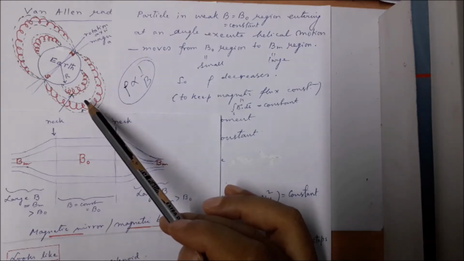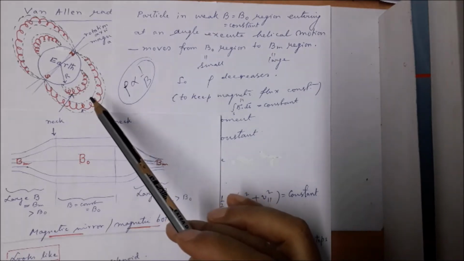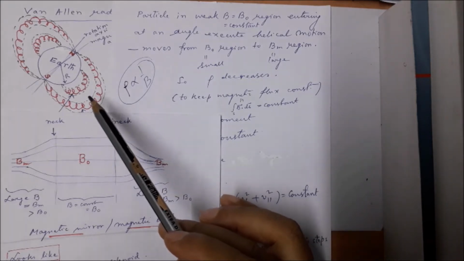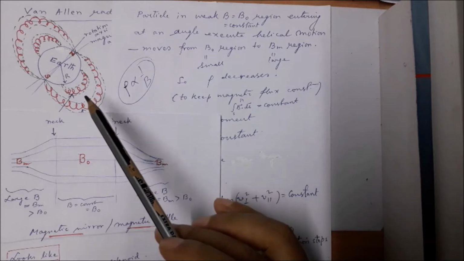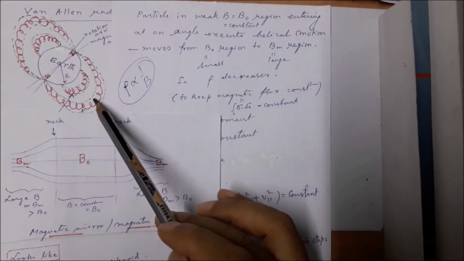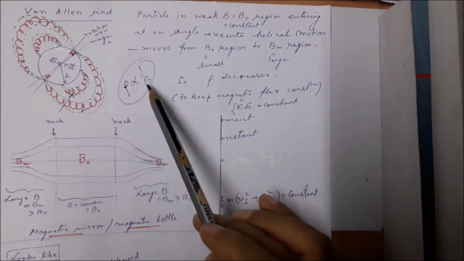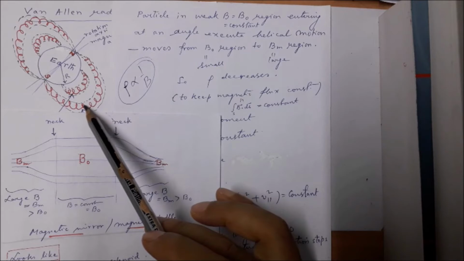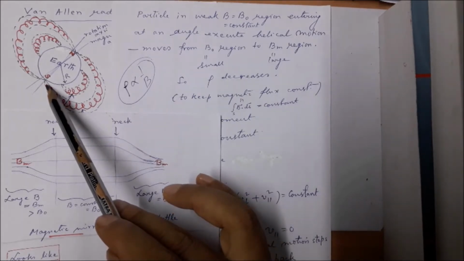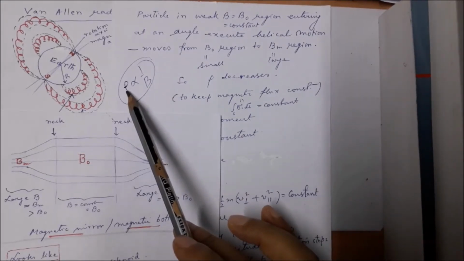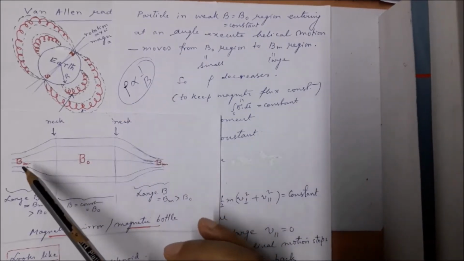It will trace a helix, and this helical motion was derived and discussed at length in previous lectures. Now in this low B region, the radius of the helix is large, because if B is small then rho is large. Now on moving along the helix, it ultimately comes to the strong B region. Strong B implies smaller radius, so here rho will be small.